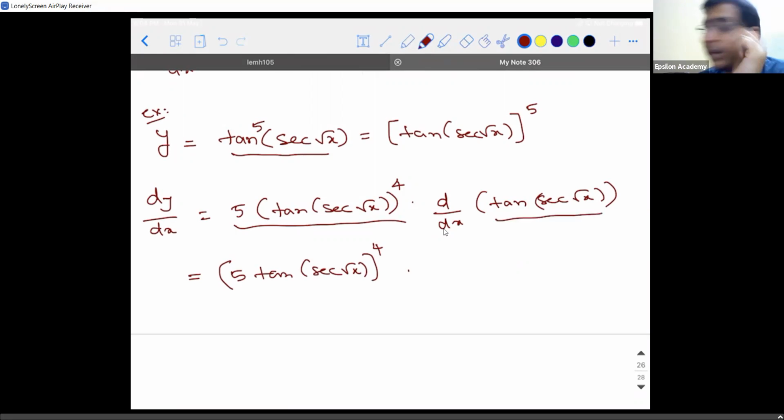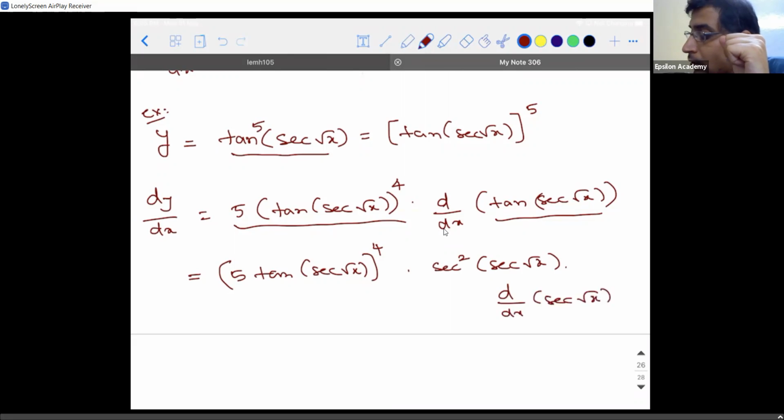What am I supposed to do? How many functions are there inside? Three. So you should be able to finish it in the next 3 steps. Derivative of tan is secant square of secant root x, into d by dx of secant root x.